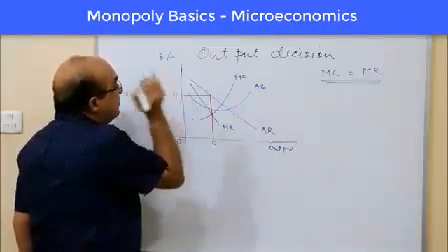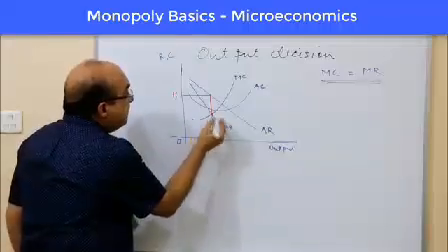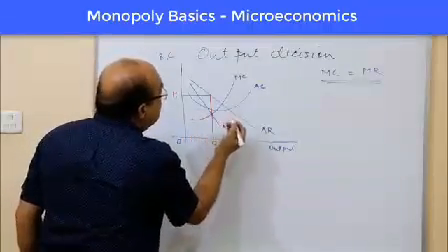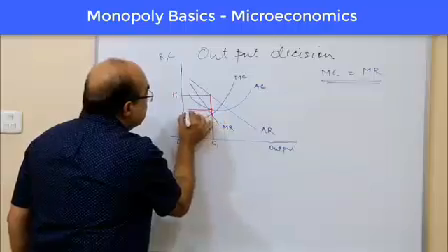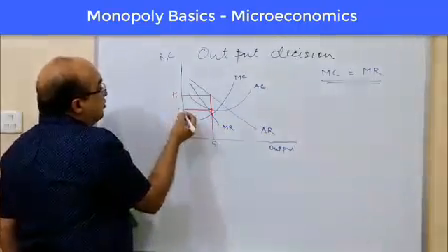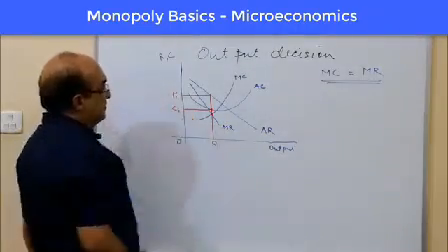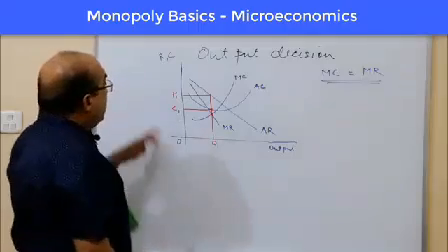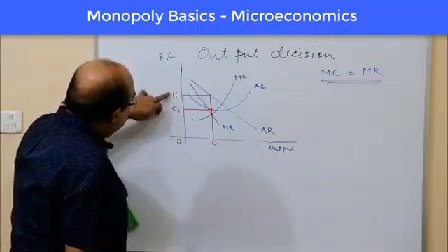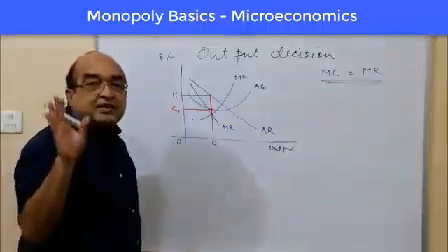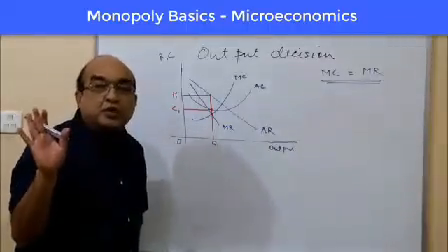Suppose this is P1, and what is the cost? That is average cost. So average cost is this, suppose C1. And the difference between OP1 and OC1 is the profit per unit.